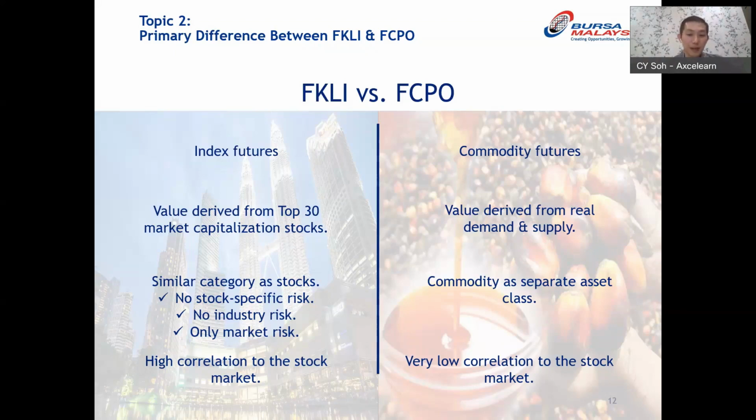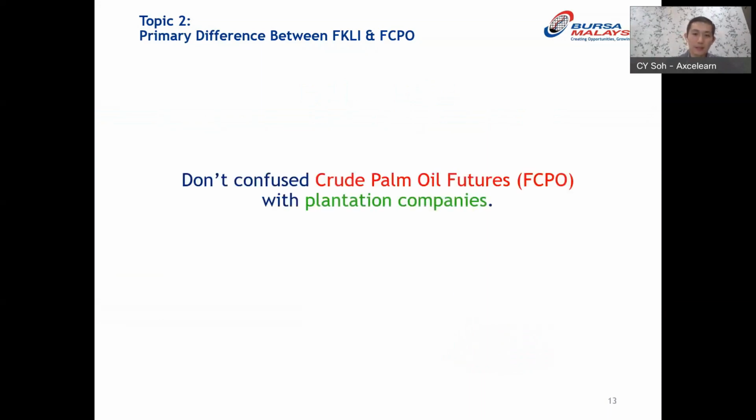Now, I believe that you have already understood the differences between FKLI index futures and FCPO commodity futures. Now, I want to share with you one extra important piece of information. It is very useful for you to better understand the FCPO market.